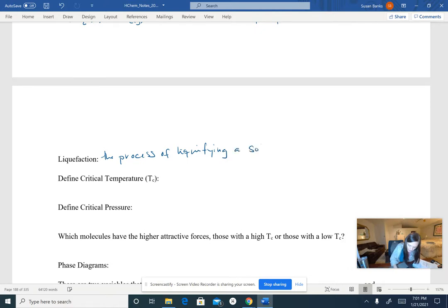Okay, so this is going to be a bunch of definitions.